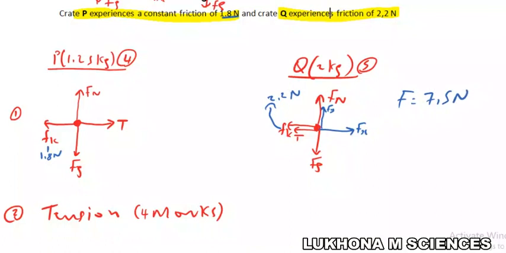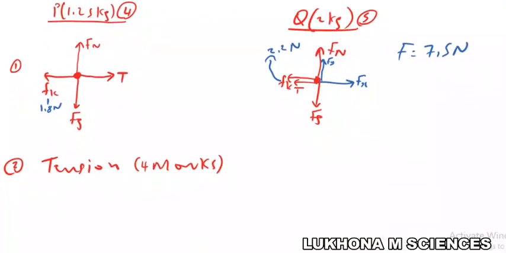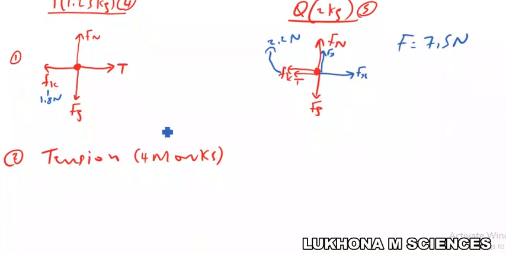Now let's answer the question which says calculate the tension. When you calculate the tension, you must look at your data. On object P, we have tension that we are looking for, and friction. Since tension is a horizontal force, we are going to deal with the horizontal forces.